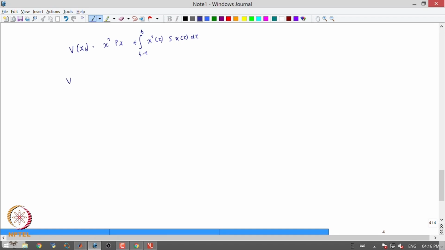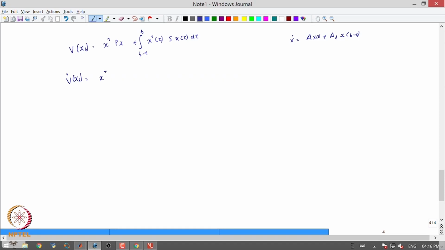Then I do the differentiation, V dot, again along the system trajectories. What are the system trajectories? The system trajectory is x dot is a x plus a_d x(t minus tau). So, I just do the standard differentiation.